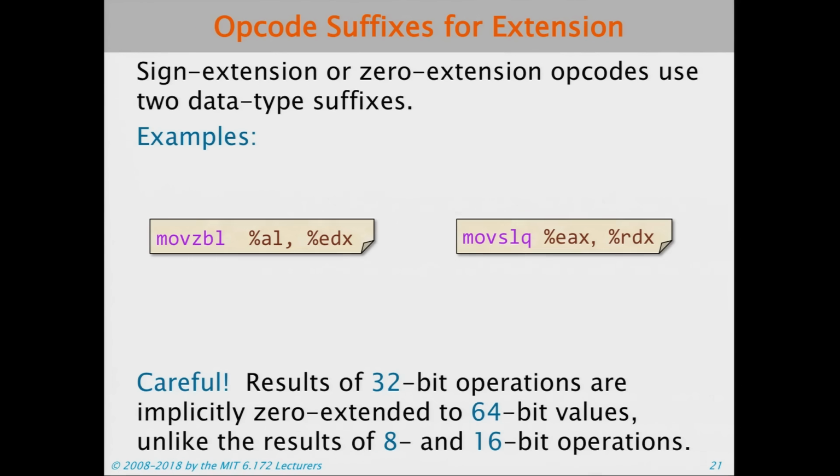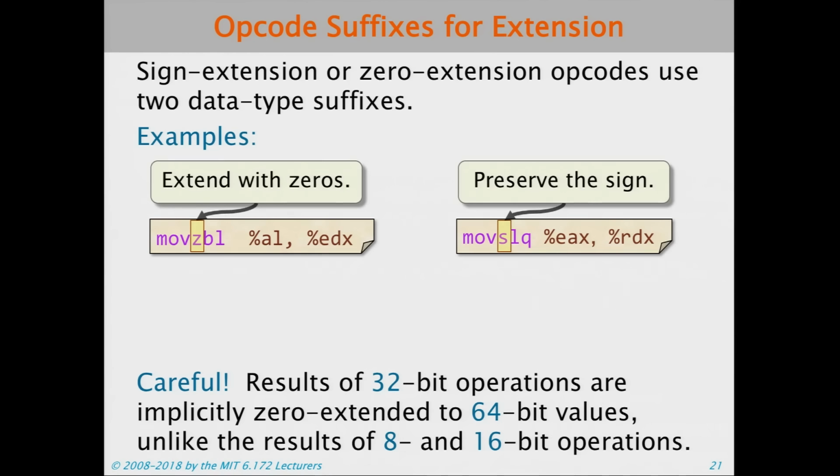This is saying we're going to move with a zero extend, and the first operand is a byte and the second operand is a long. Is that right? If I'm wrong, I've got to look at the chart too, okay? And of course, we don't hold you to that. But the Z there says extend with zeros, and the S says preserve the sign.